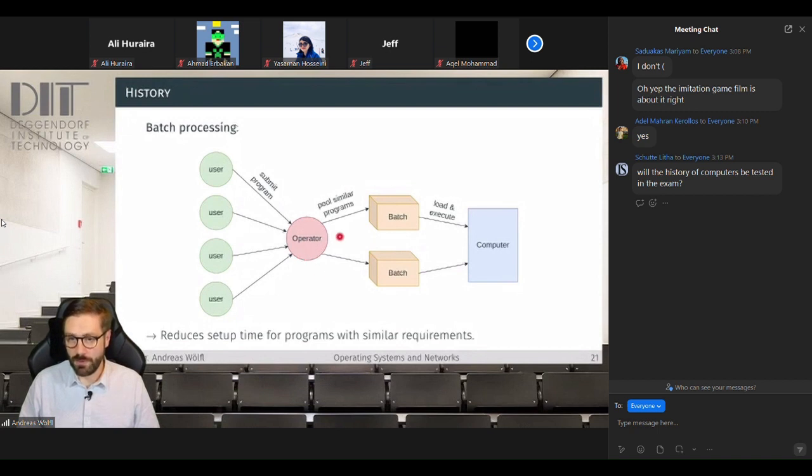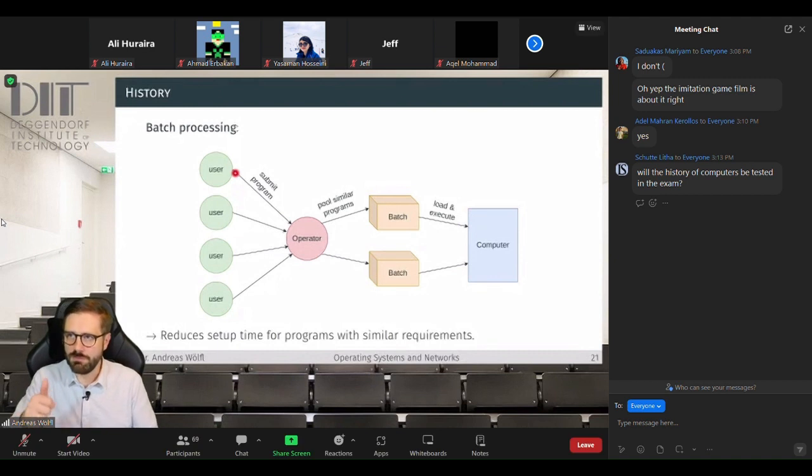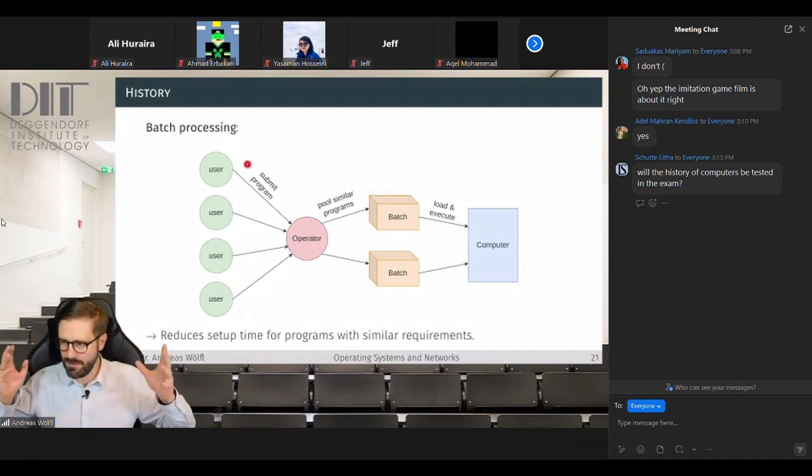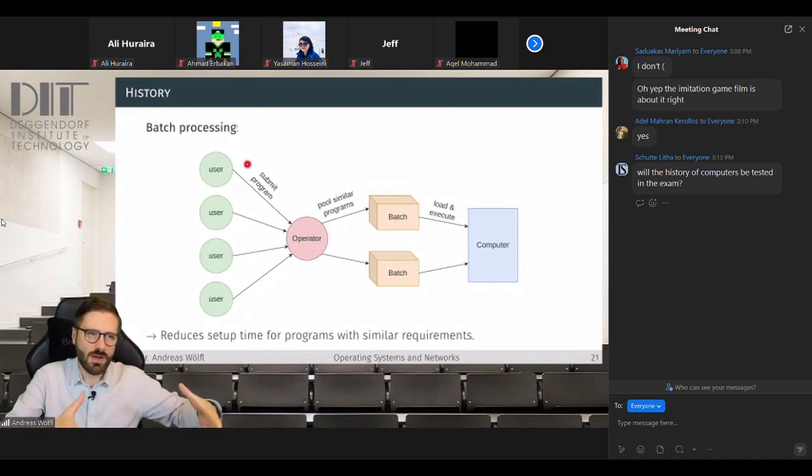This is the operator, a human in between. And users, imagine a large university with a lot of floors, and users in their offices put together programs and put holes in punch cards. These users put tens of thousands of punch cards into a box, and they run with the box to the basement and hand over the box with their Fortran program to the operator.